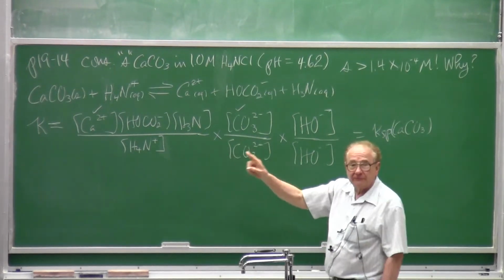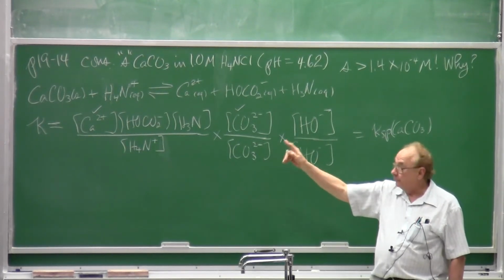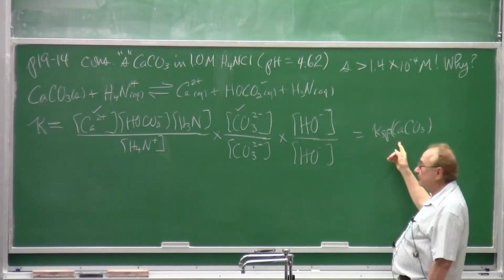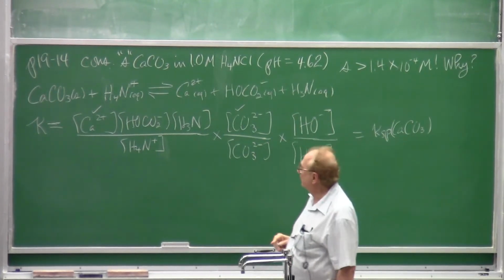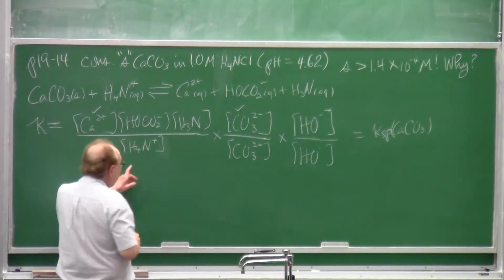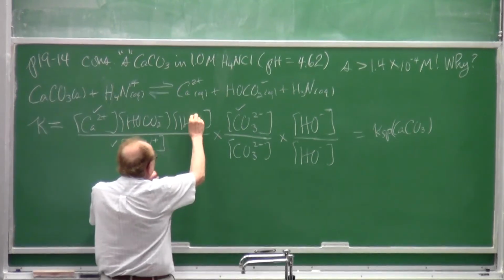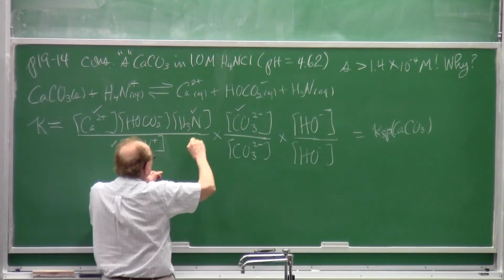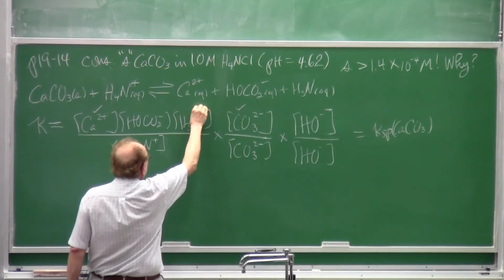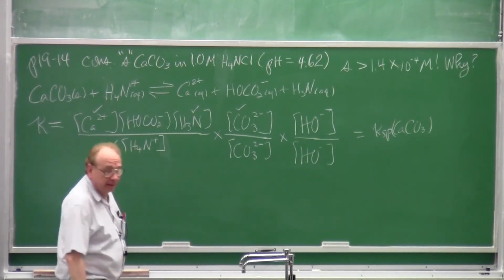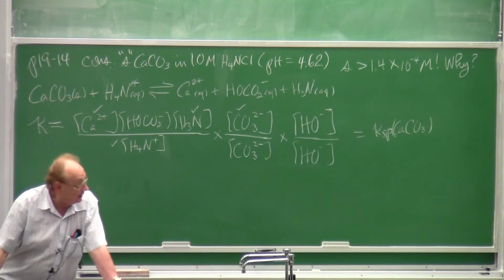I just check the terms as I write down the corresponding K just for bookkeeping purposes. The terms checked so far correspond to the K which I've just written. All right? Now then, here's ammonium ion, reactant, denominator, reacts with water. But if it reacts with water, ammonium ion makes hydronium ion. Do I have hydronium ion in here?